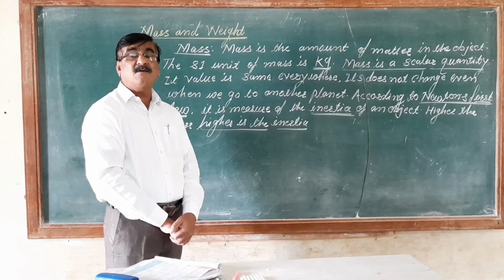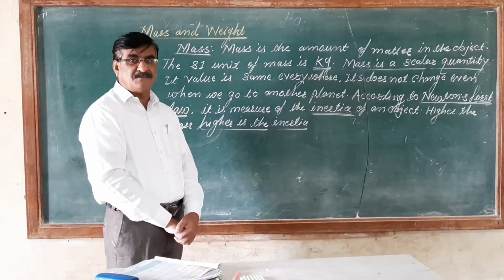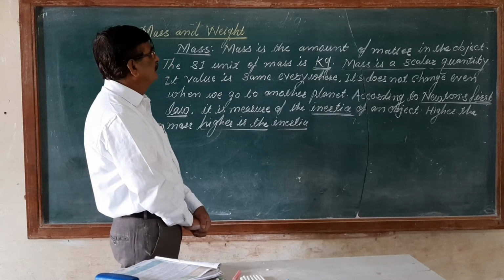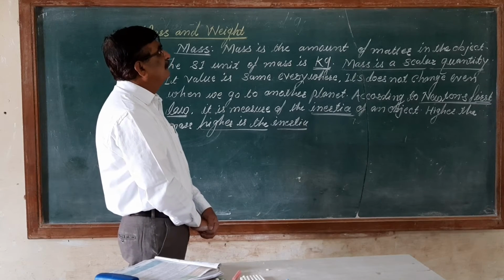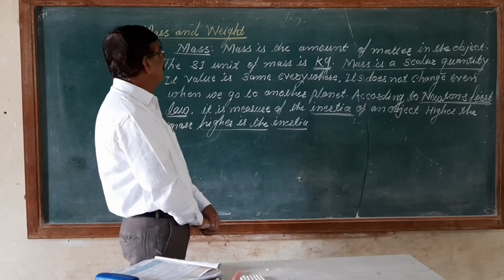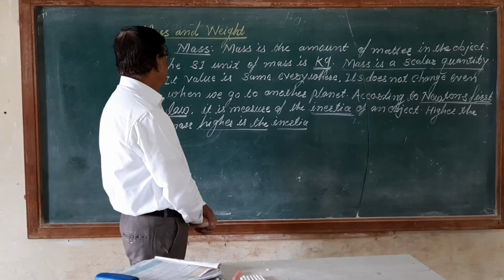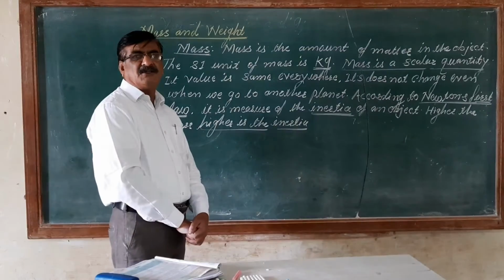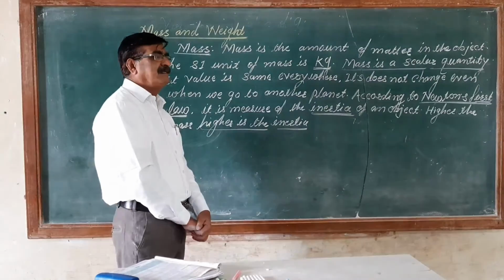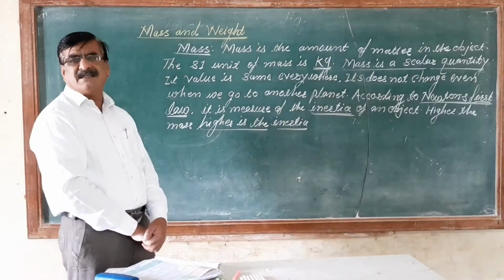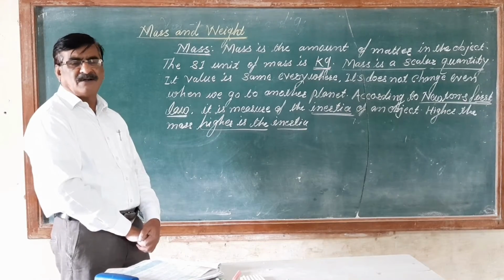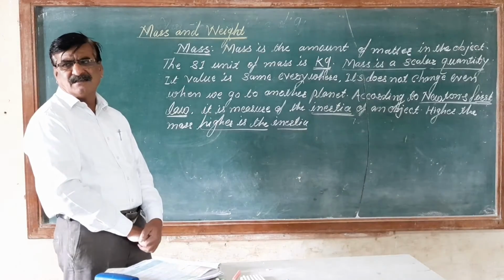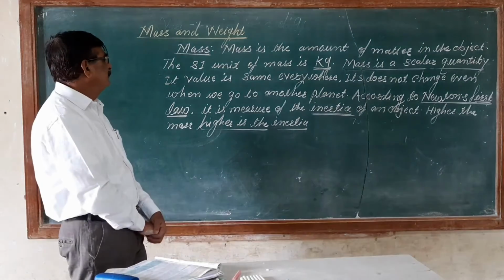It explains the quantity of matter in any object. The unit of mass in the SI system is kilogram, and in the CGS it is gram.